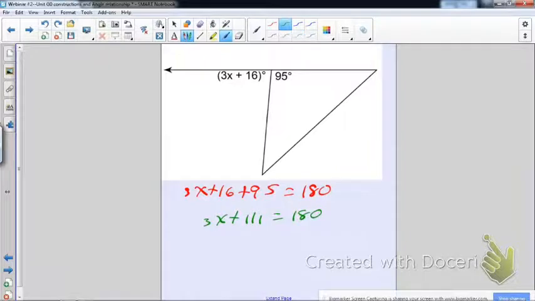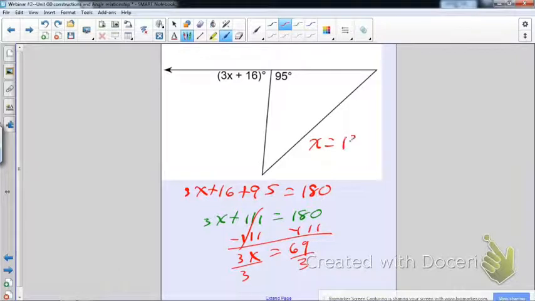Then you use the subtraction property of equality. You subtract 111, that simplifies, and you're left with 3x is equal to 69. Then you use the division property of equality and divide both sides by 3, and you get that x is equal to 13.